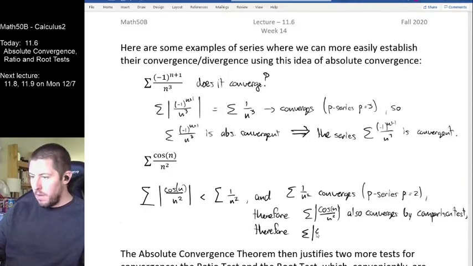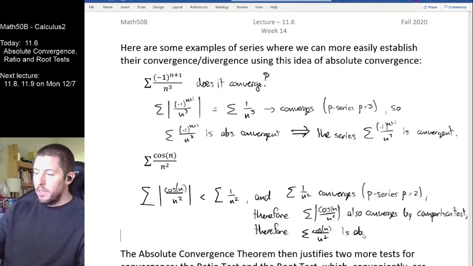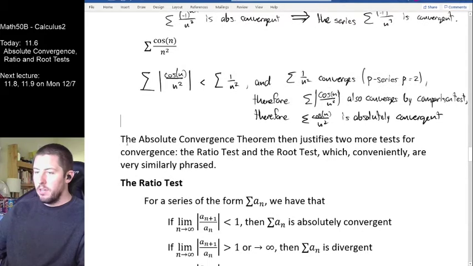I know that this sum of cosine n over n squared is absolutely convergent. And since I know it's absolutely convergent, it is convergent.